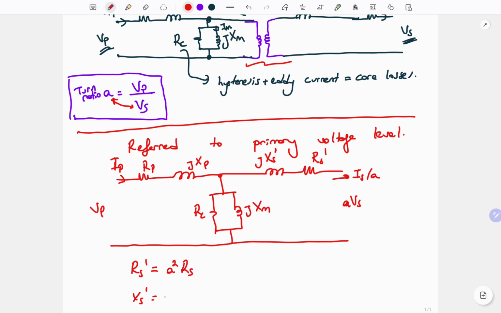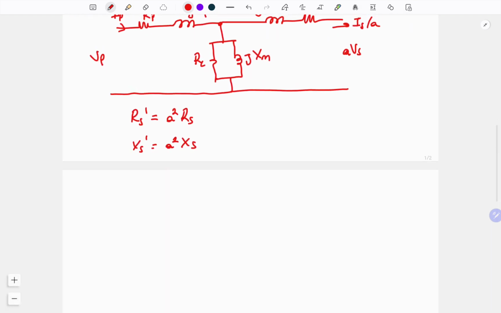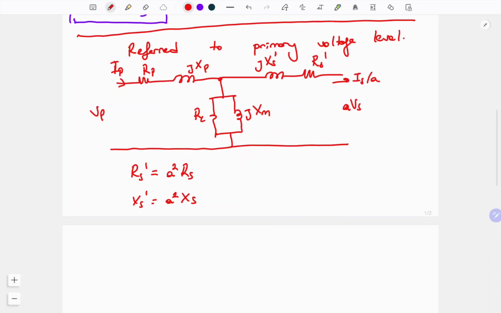So A squared XS can be written for this parameter, the new referred side.